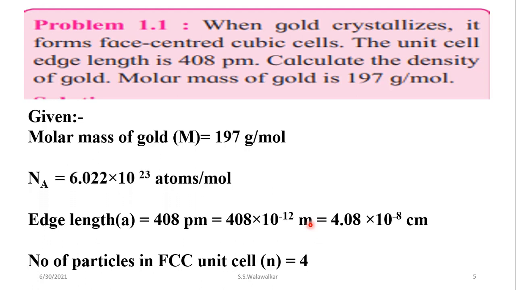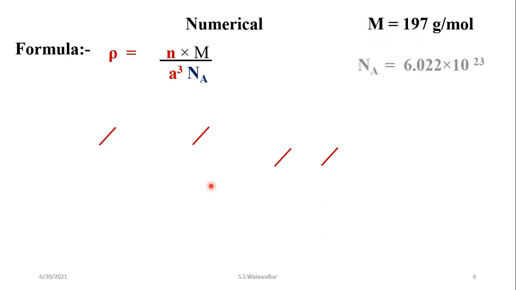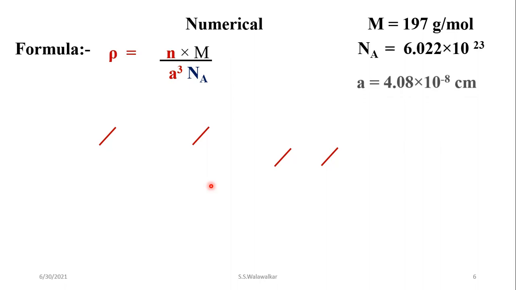And the physical constant, Avogadro's number, is given to you, that is equal to 6.022 into 10 raised to 23 atoms per mole. So now substitute the values in the given formula: the molar mass, Avogadro's number, edge length in centimeter, and number of atoms.